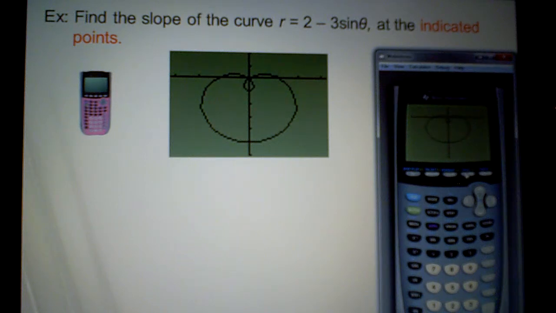there's my curve, and if you hit trace, you can enter thetas. So if you enter the theta pi, you can see that at theta pi, your x position is -2 and your y position is 0.